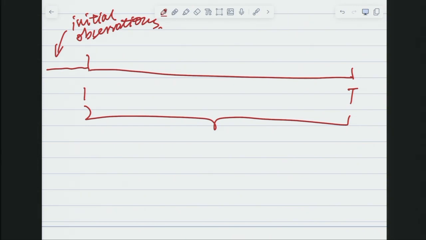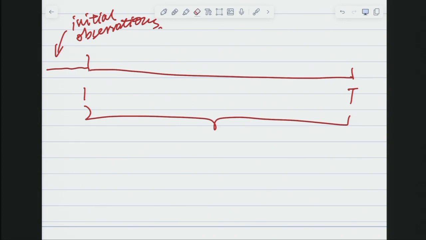Typically, we need to trim: we reserve some data at the beginning and towards the end of our sample and set them aside. We are not going to use them for the breakpoint search, and we're going to use some middle interval to do our search.